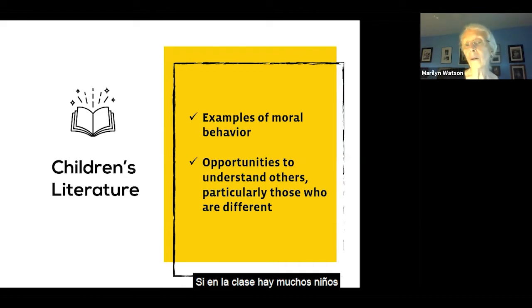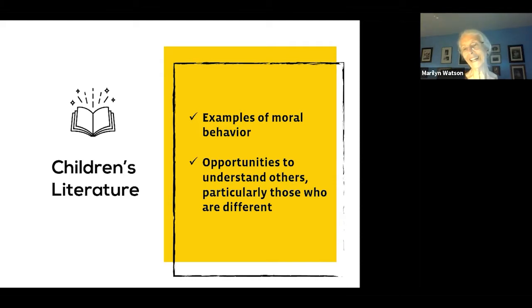If they are kids who speak, well, in our case, English, how about the kids who are from, say, Mexico and are struggling and speak Spanish? How do you use that kind of teaching in your children's literature to have kids understand one another and provide the support for struggling students rather than laughing?